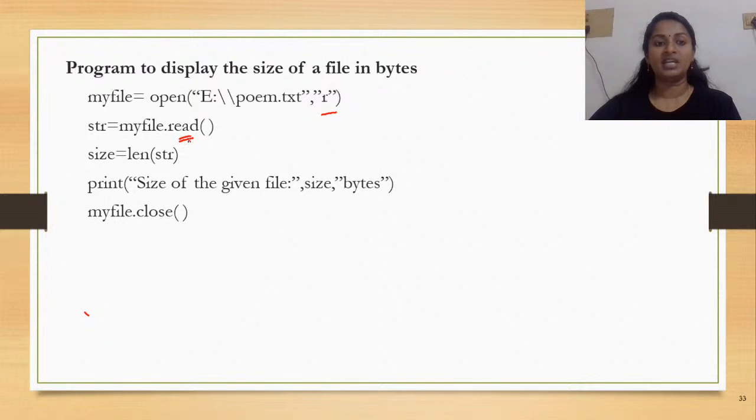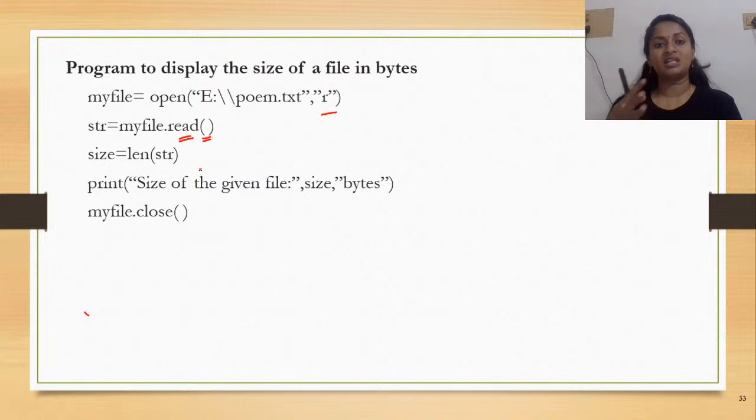Now what does read do? We already saw from the syntax that read actually reads in terms of bytes, so it is the function that would help us find out the size of the file. Naturally, the first variant, which is the read function. Now, we are not going to specify the number of bytes. Instead, we are giving a blank parameter. So what happens? It reads from the start till the end.